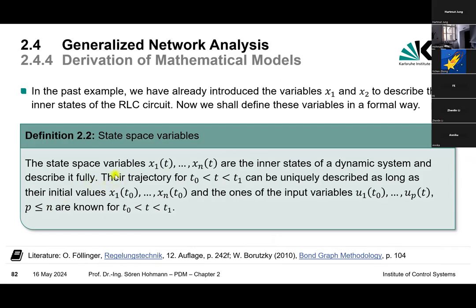And if I know the states for one instance of time, I can uniquely describe the rest of the trajectory, as long as I know the input values U. So that's the very definition.